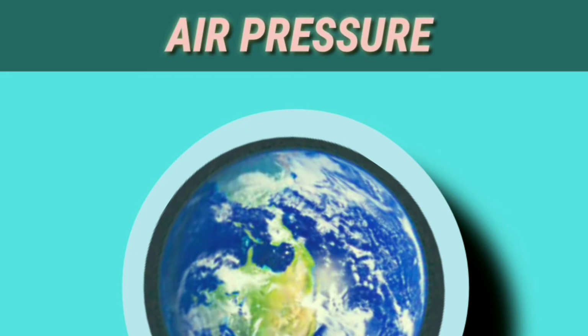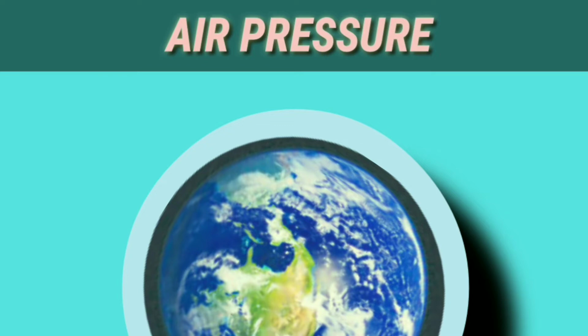Air pressure keeps on changing from time to time. Number 3. The air pressure depends on the factors like altitude of region, temperature of air, and amount of water vapor in the air.